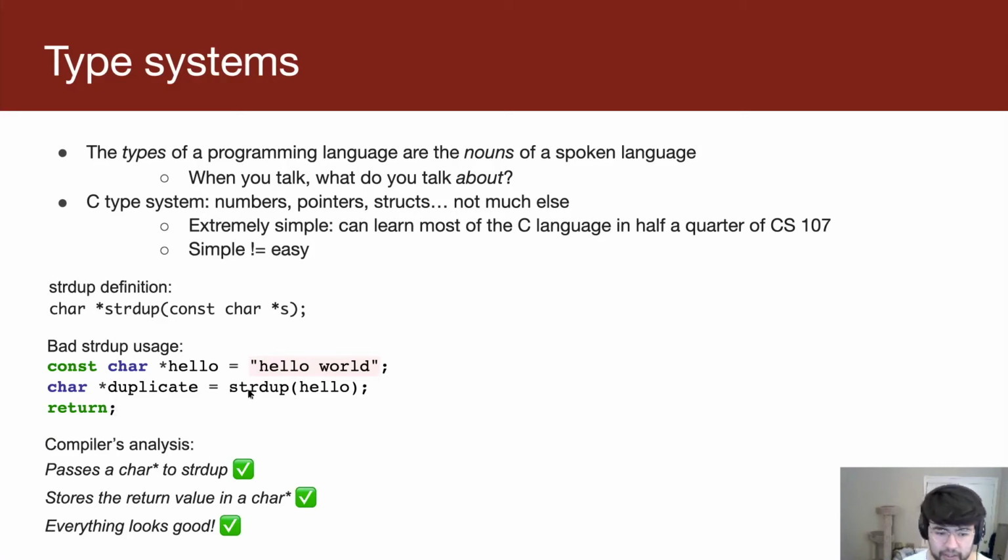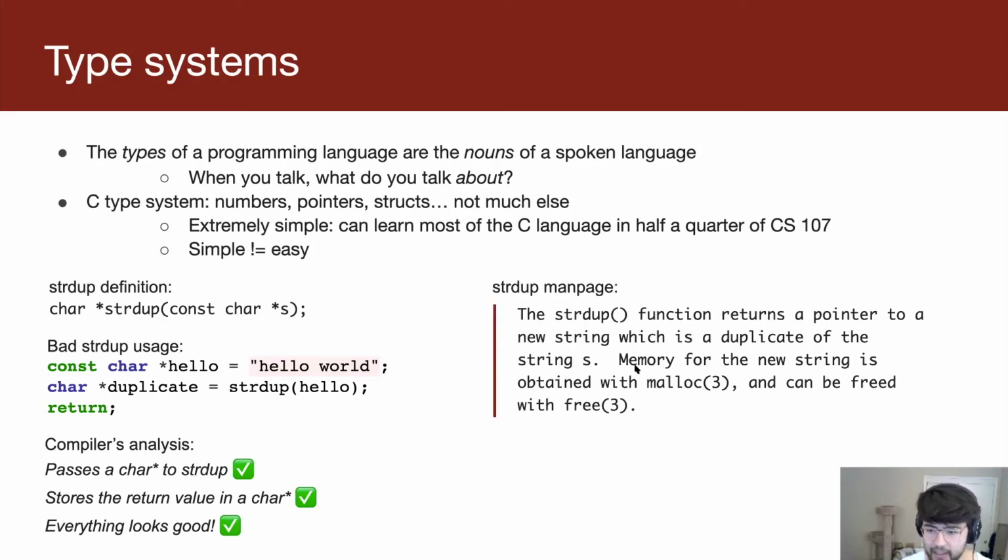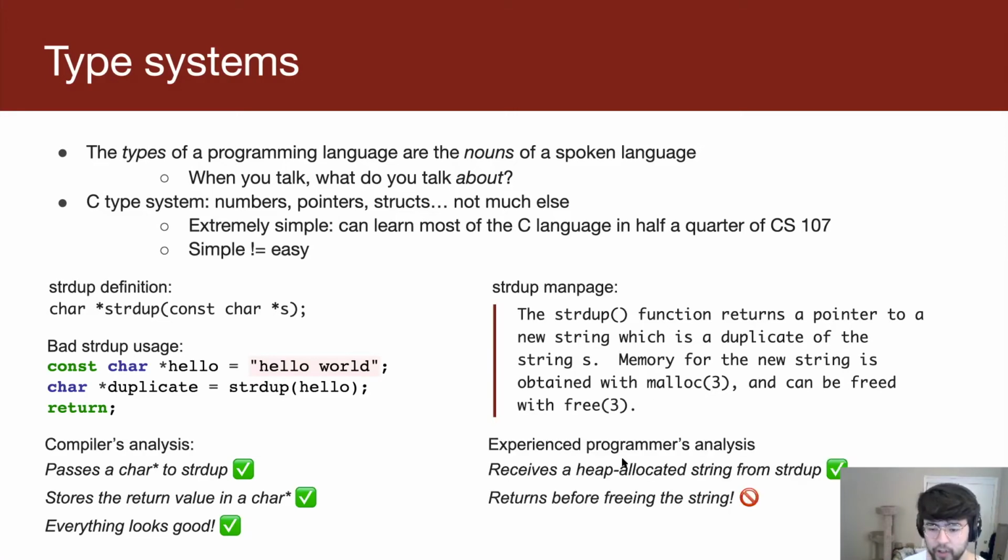But if you know something about strdup and you actually read the comment, it says it's allocating memory for a new string with malloc, and that memory should be freed with free. So an experienced programmer will look at this and say, okay, we are receiving a heap allocated string from strdup. That's this variable here, this duplicate variable. And then we return right away and we didn't free the string. An experienced programmer, based on what you know about strdup, can look at this and say, hey, that's not right.